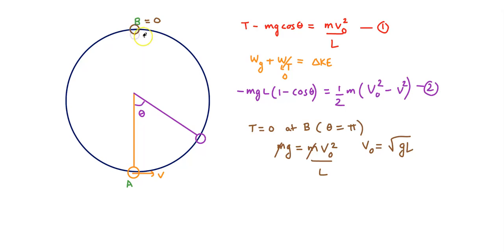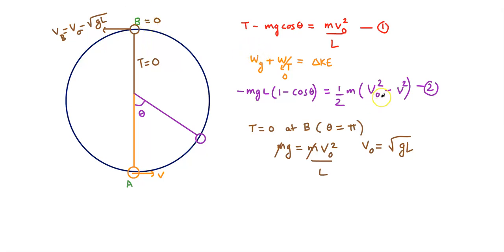We have just found out that at this point the tension is 0, so it's almost as if the string doesn't exist, and the bob still has a speed of square root of GL, which is VO, which is also the same as VB, the speed at point B. B and O are the same for this case.